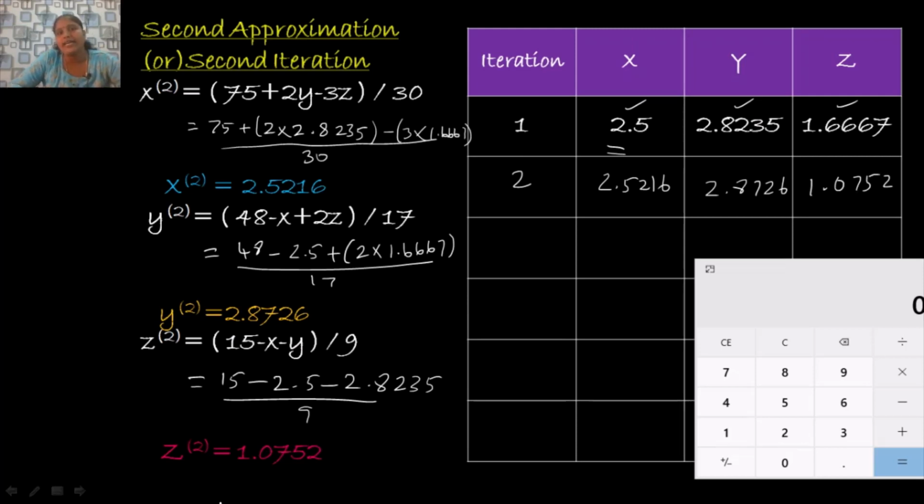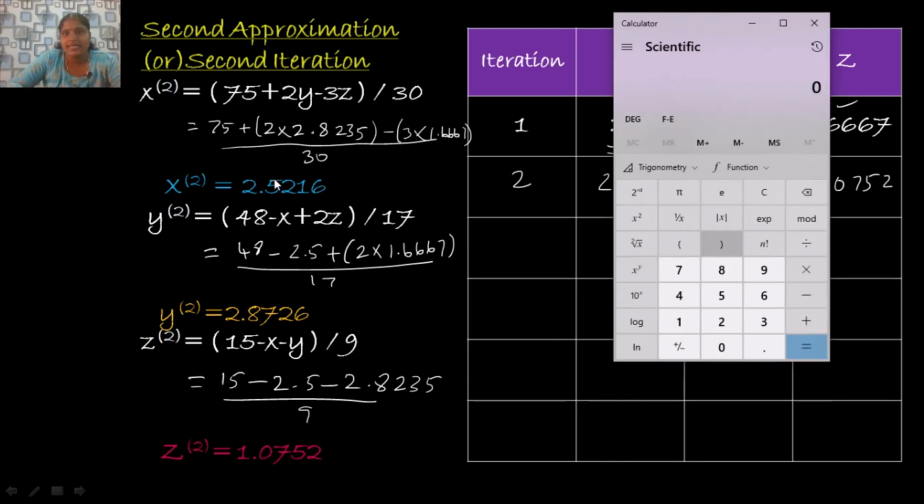Let me show you how to calculate these values using the calculator. Let me start with the x value: 75 plus, within parentheses, you make a product of 2 and 2.8235, close the parenthesis, minus, within parentheses, you make a product of 3 and 1.667, close the parenthesis, which equals 75.6469, and you divide this by 30, you get 2.5215, etc. Here we have to take up to 4 decimal places.